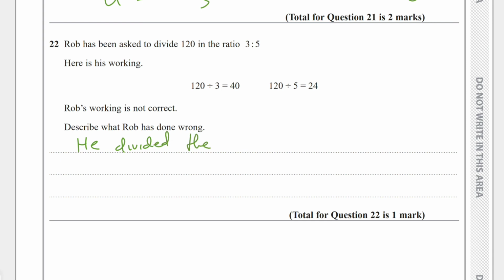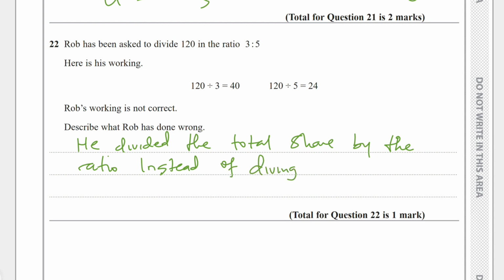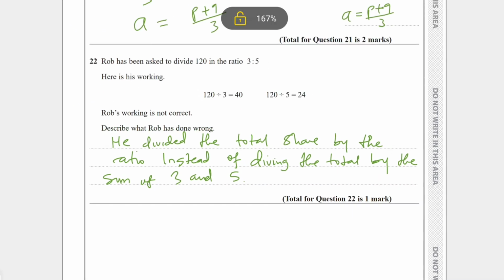He divided the total share by the ratios instead of dividing the total by the sum of 3 and 5. But that's what he did wrong.